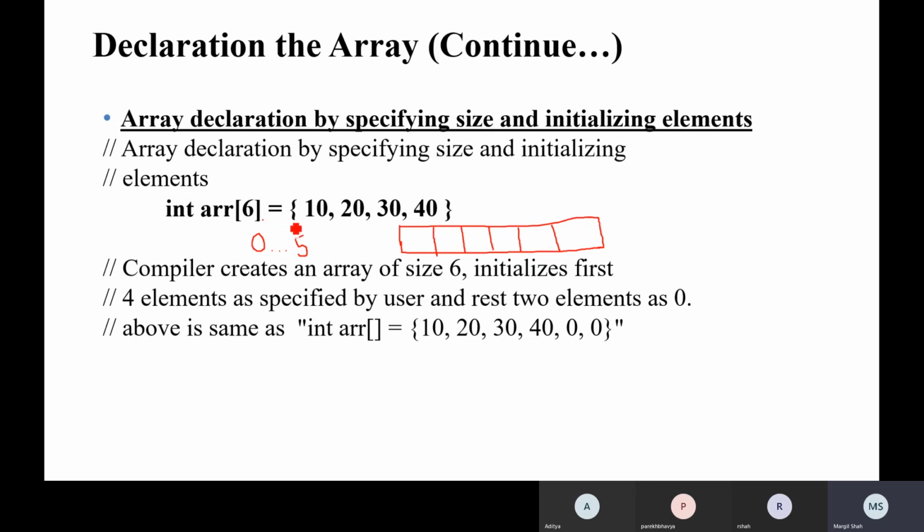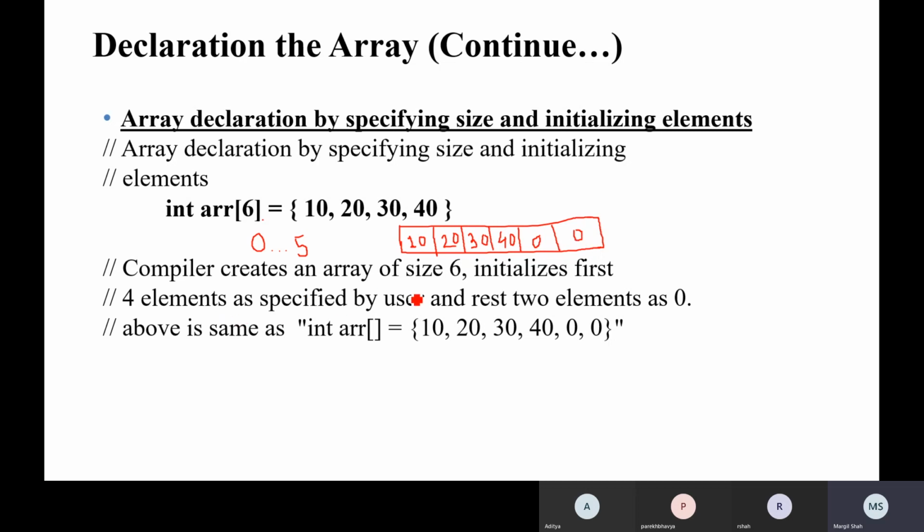After this, suppose we execute this one, equal to 10, 20, 30 and 40. Yes, 10 is stored as the first element, right? 20, 30, 40, and what about the rest? Of course, once we initialize the first 4, the remaining 2 are automatically set to 0.